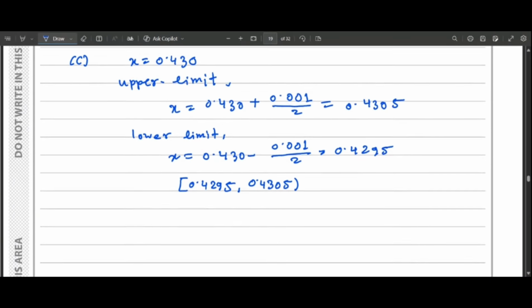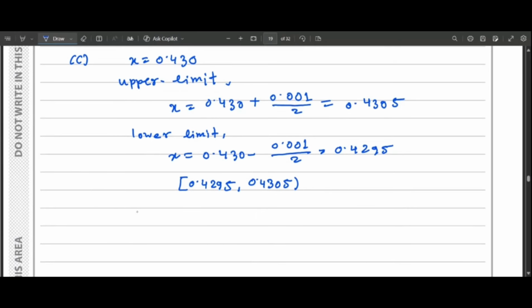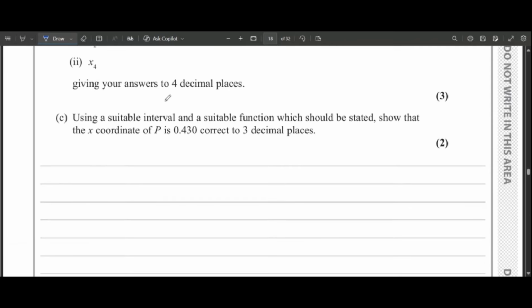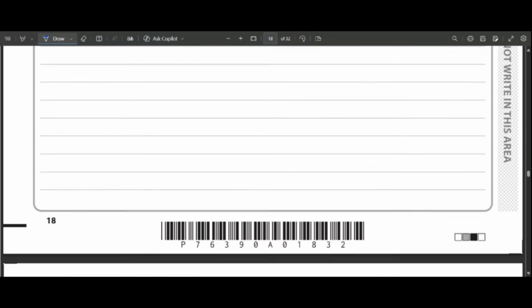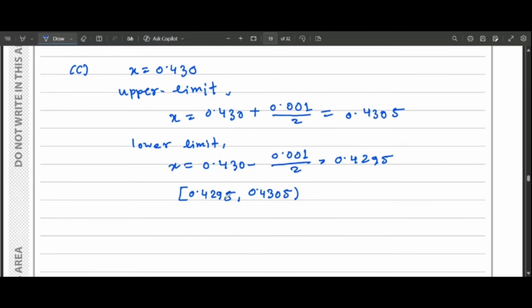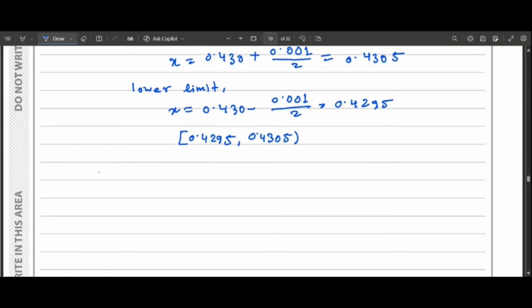Now we have to take a suitable function and we have to evaluate whether or not, if we refer back to the question, these values actually give us a solution to the equation.